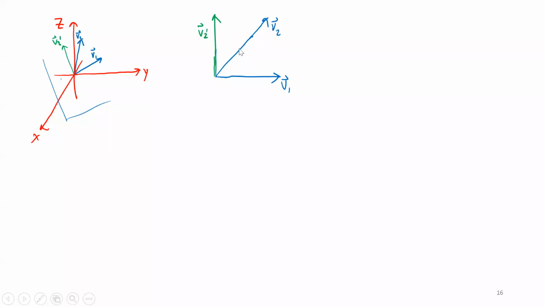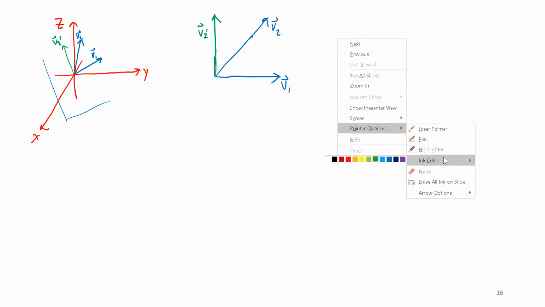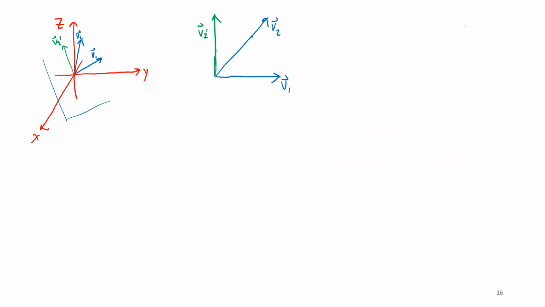First of all, I know that this V2 can be written as a sum of two components. Also let me define one more thing first. I define V1 hat to be the unit vector along V1. Similarly, I define the unit vector for V2 prime.